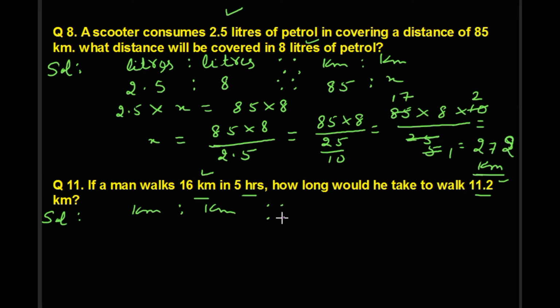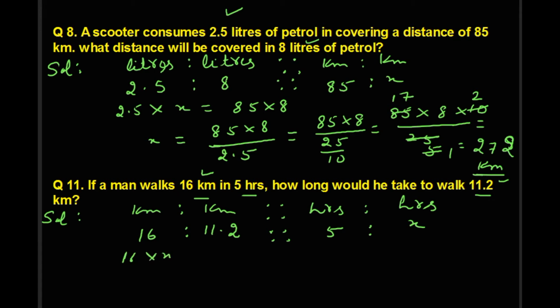Kilometer ratio kilometer is as hours ratio hours. 16 kilometers in how many hours? 5 hours. So we have to find in how many hours he would go 11.2 kilometers.